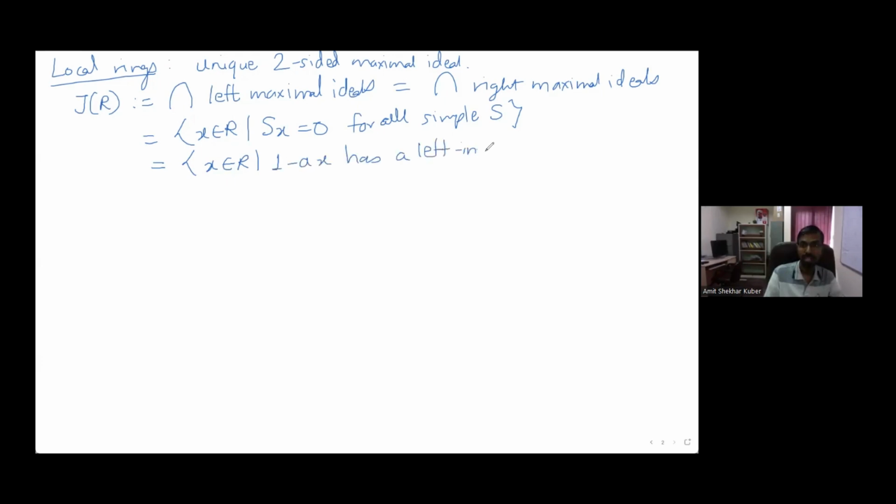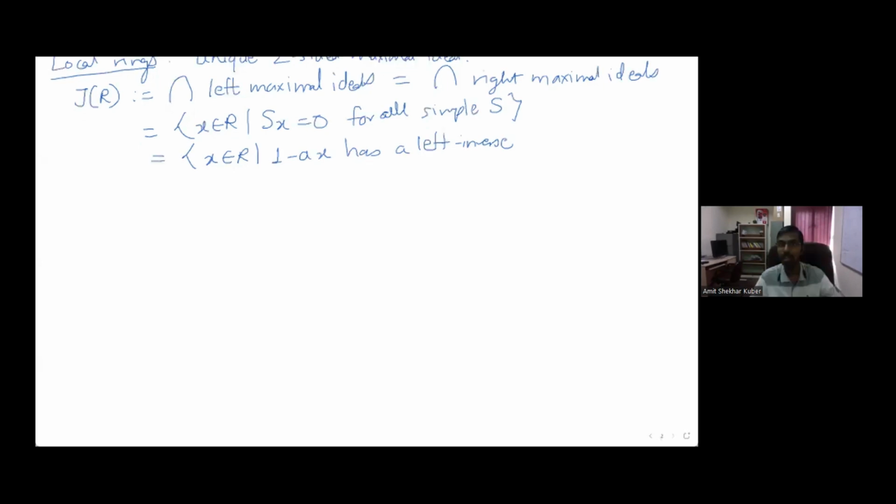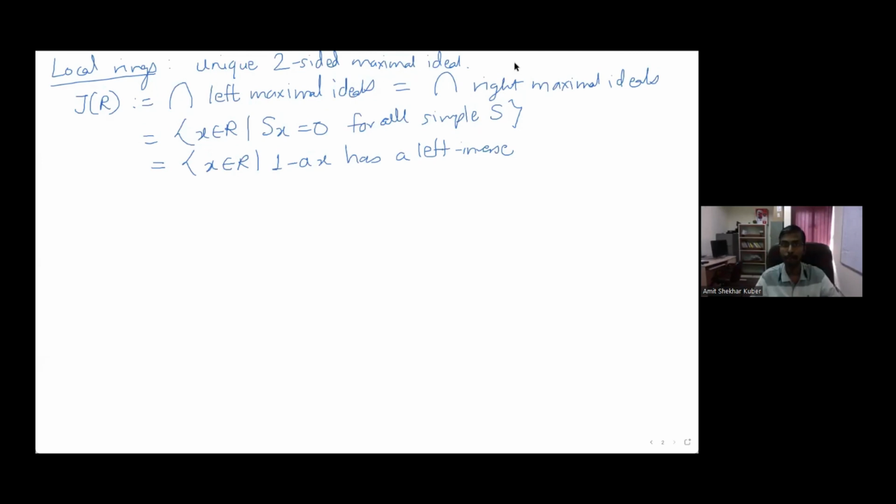Is that for all simple S? I'm pretty sure it's for all.